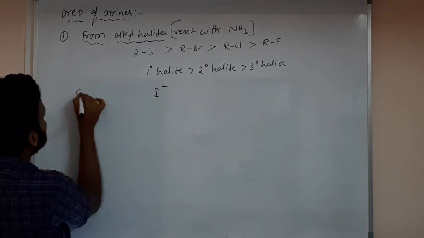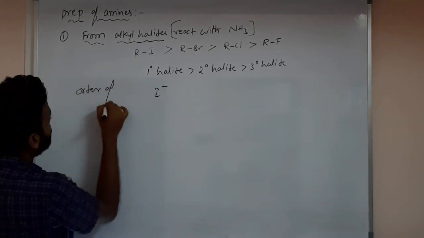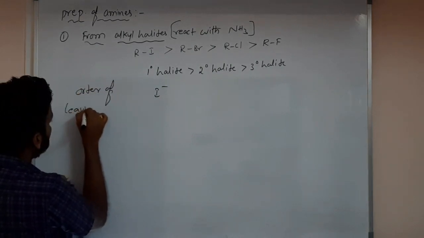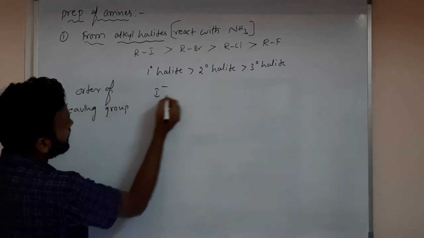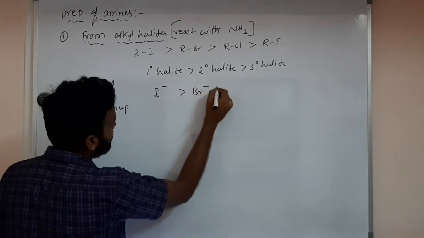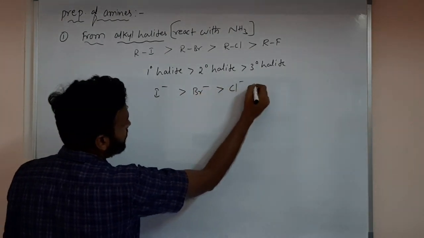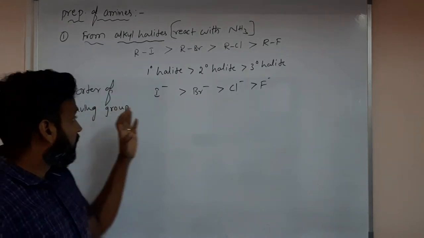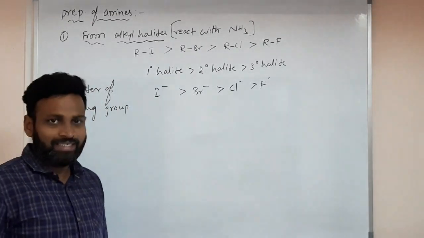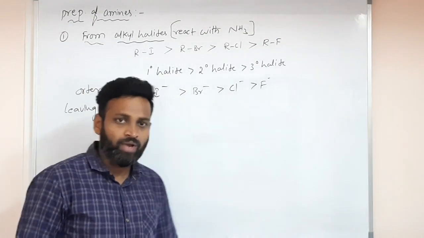Order of leaving group. Leaving means going out. So I minus is greater than Br minus, greater than Cl minus, greater than F minus. This is the order of leaving group. The best leaving group is iodine, I minus, iodide.